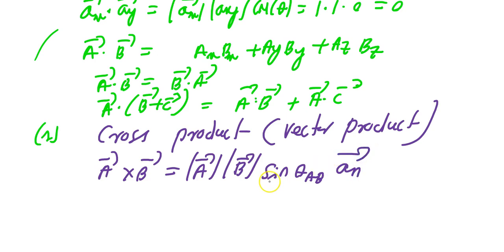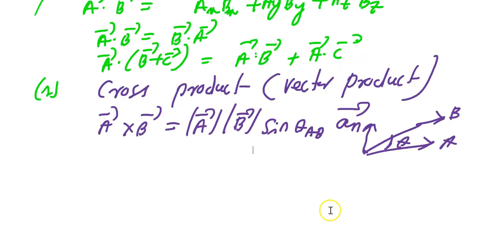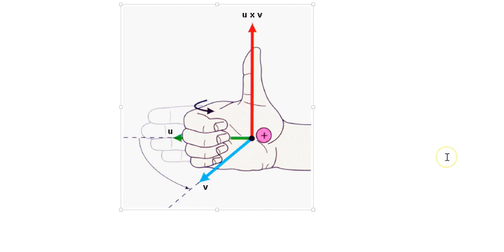AN is the unit vector normal to the plane containing vectors A and B. Here, let's say this is your A and this is your B and this is your theta AB. So this will be the AN. That is determined, when you do the A cross B, by the right hand rule. Can you see?